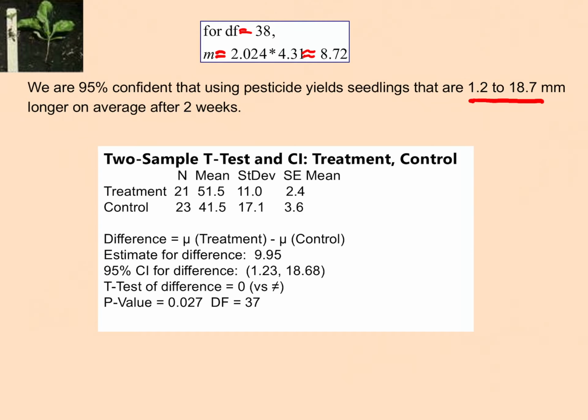So we're 95% confident that using pesticide yields seedlings that are 1.2 to 18.7 millimeters longer on average after 2 weeks. And if you look at the Minitab output for the 2-sample t-test, you see we have a p-value of 0.027. So it's not super highly significant, but it's significant. It's less than 0.05.